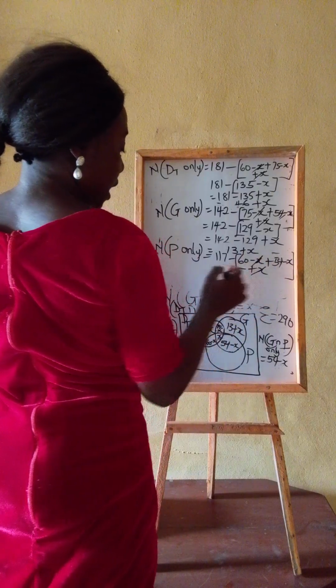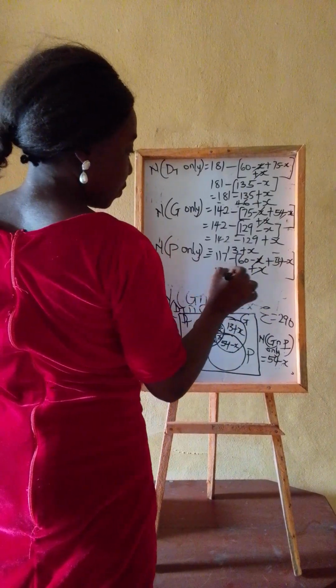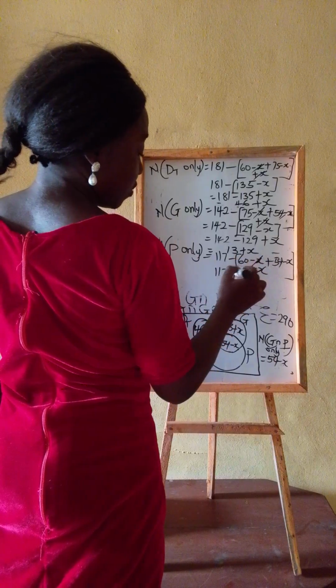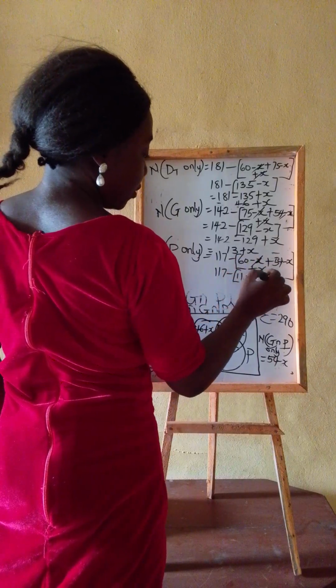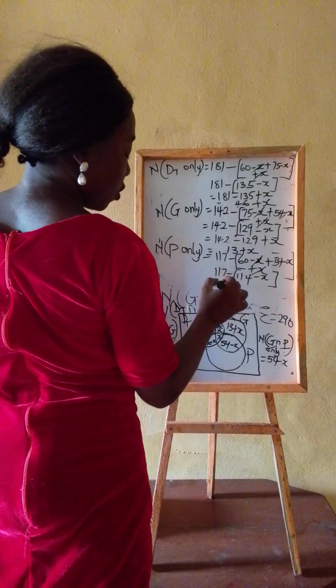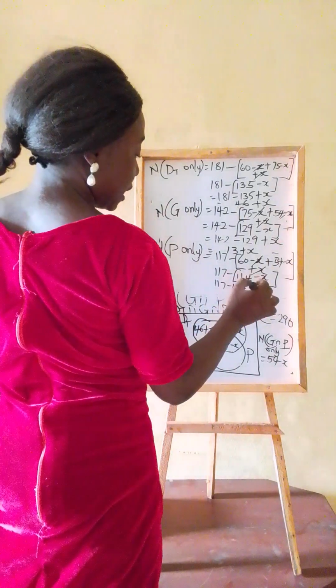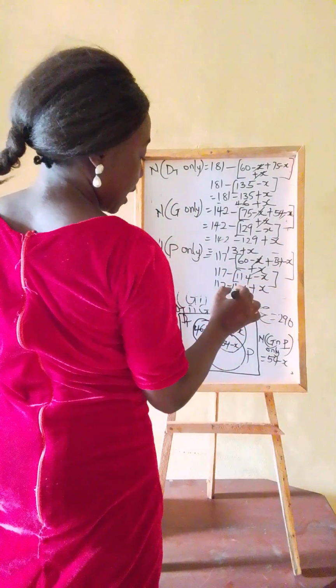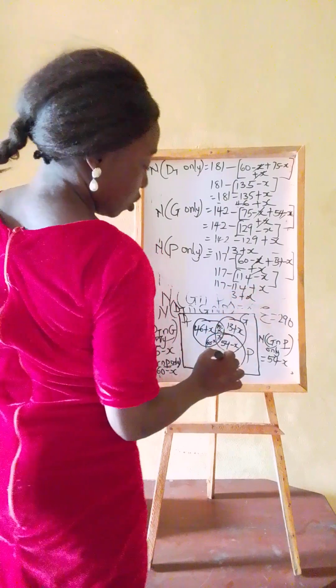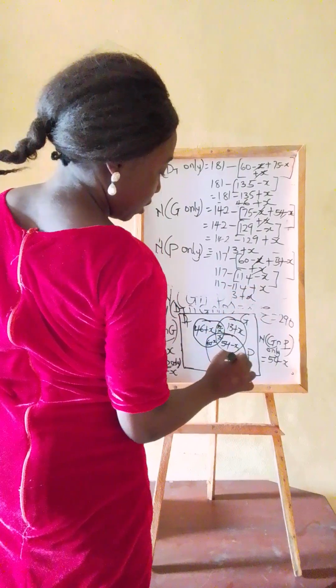So plus x cancels minus x, and we have 117 minus 60 plus 114 minus x. So we have 117 minus 114, minus times minus gives plus x. So that is 3 plus x. So this is 3 plus x.